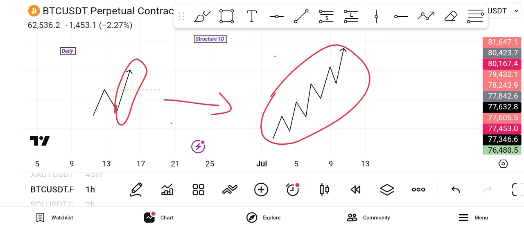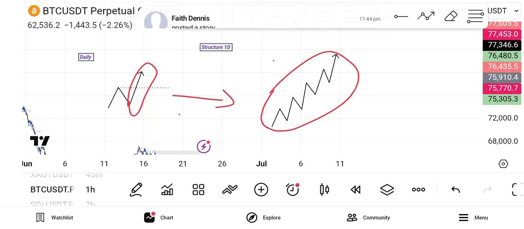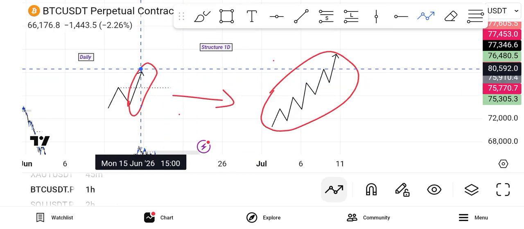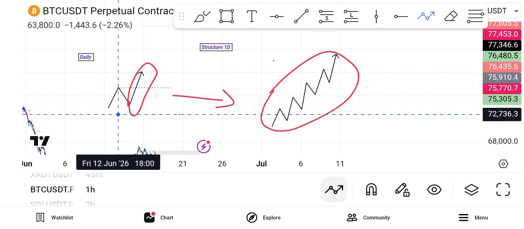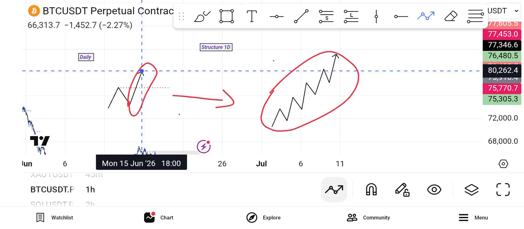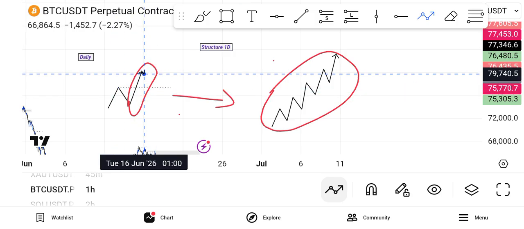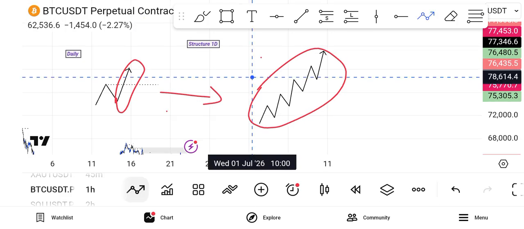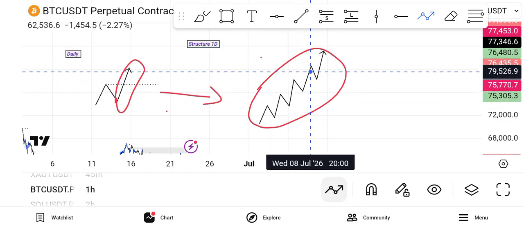Having understood this, once we have an expansion this way, I told you after every expansion we expect a retracement in the market. The retracement that we're going to have from this point all the way to this point is going to play out on this time frame as well.